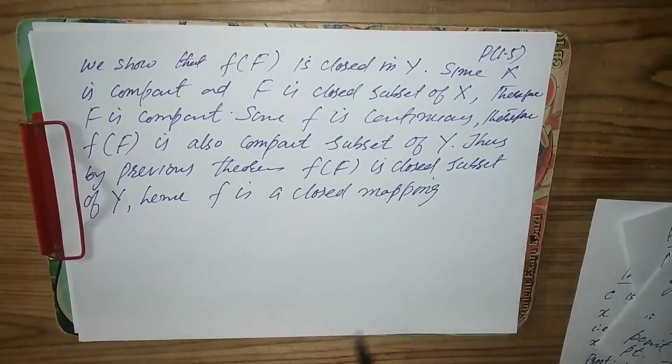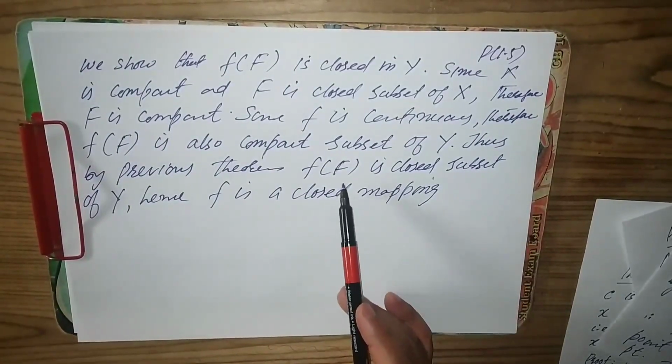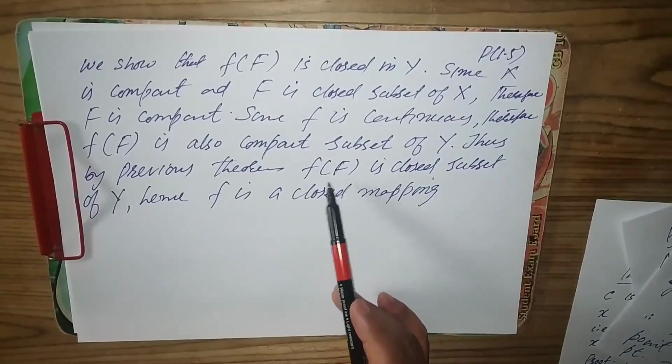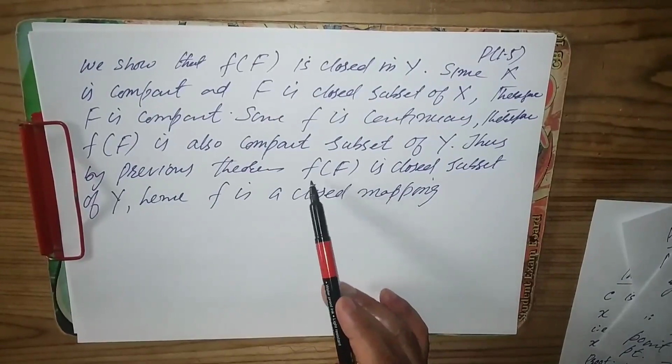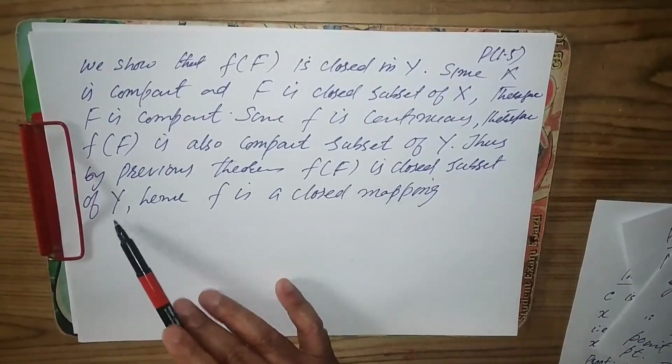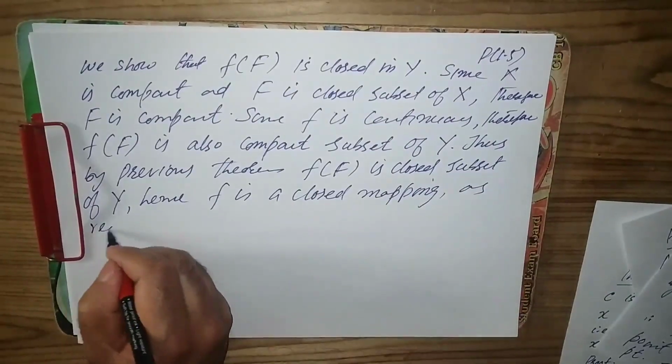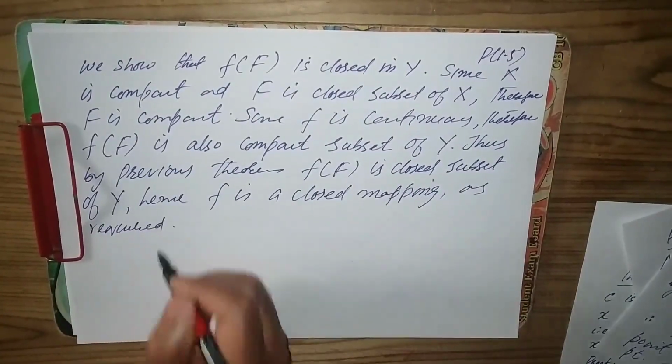We have taken F to be a closed subset of X, and we have shown that its image under f is a closed subset of Y. Therefore, f is a closed mapping as required. So this proves the theorem completely.